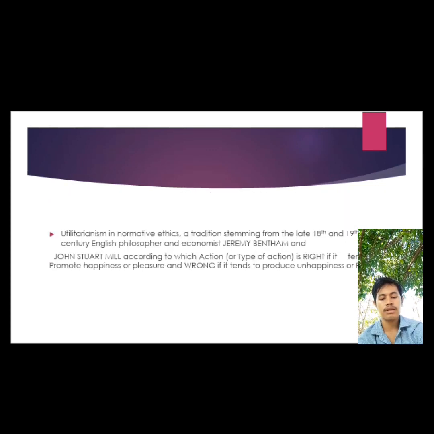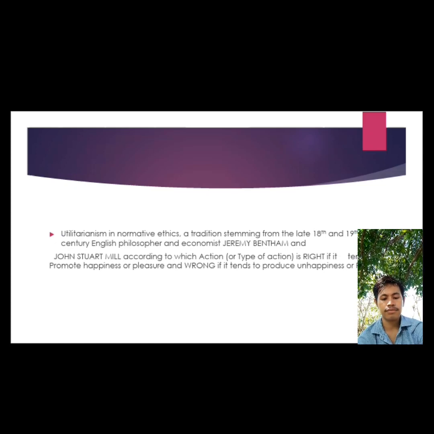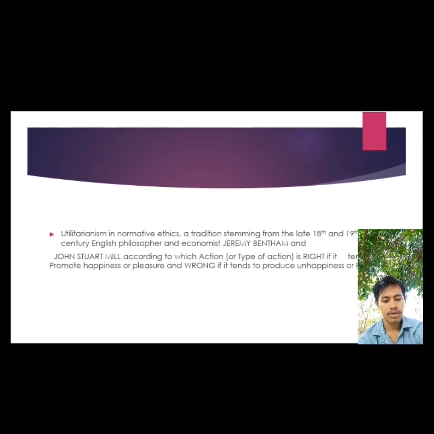It is also said that utilitarianism, in normative ethics, is a tradition stemming from the late 18th and 19th century English philosophers and economists Jeremy Bentham and John Stuart Mill, according to which an action or type of action is right if it tends to promote happiness or pleasure, and wrong if it tends to produce unhappiness or pain.